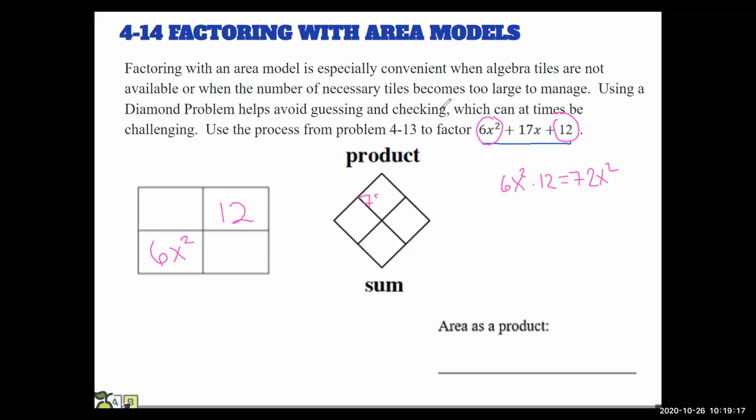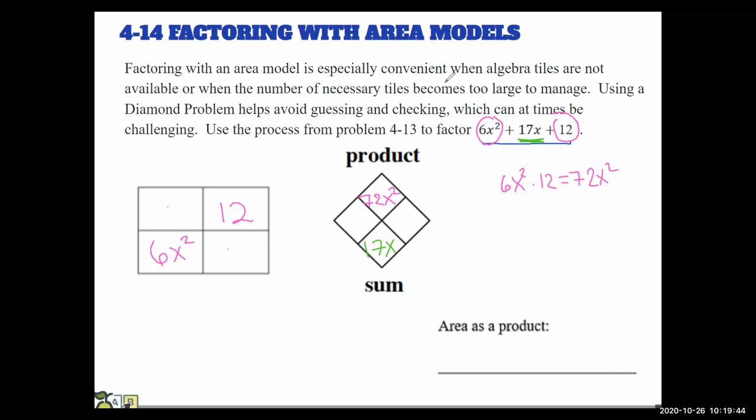So 72x squared is the product we want. And then we want the sum to be this middle number, 17x. And we're going to split up the 17 and put some of it here and some of it here in the area model. So now we need two numbers that multiply to be 72x squared, but add to be 17x.